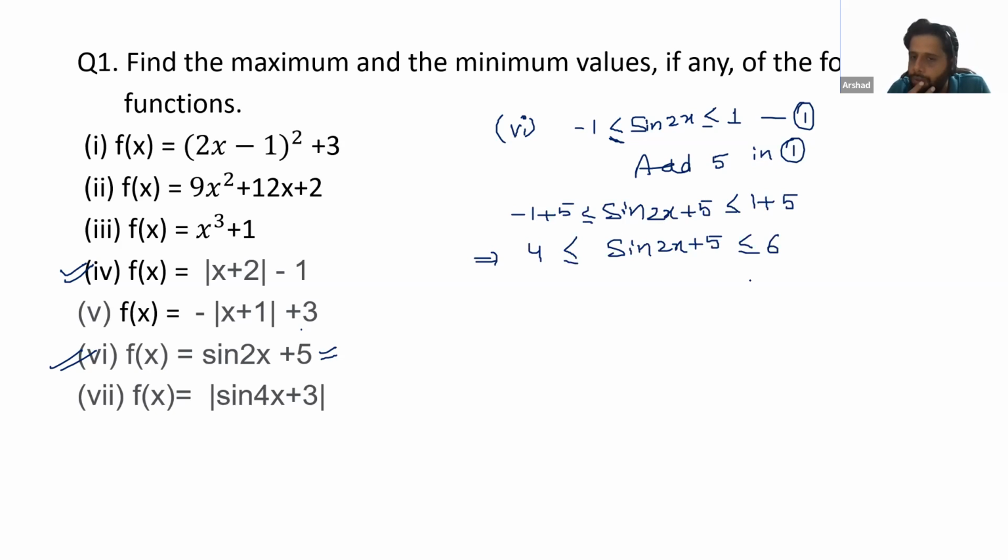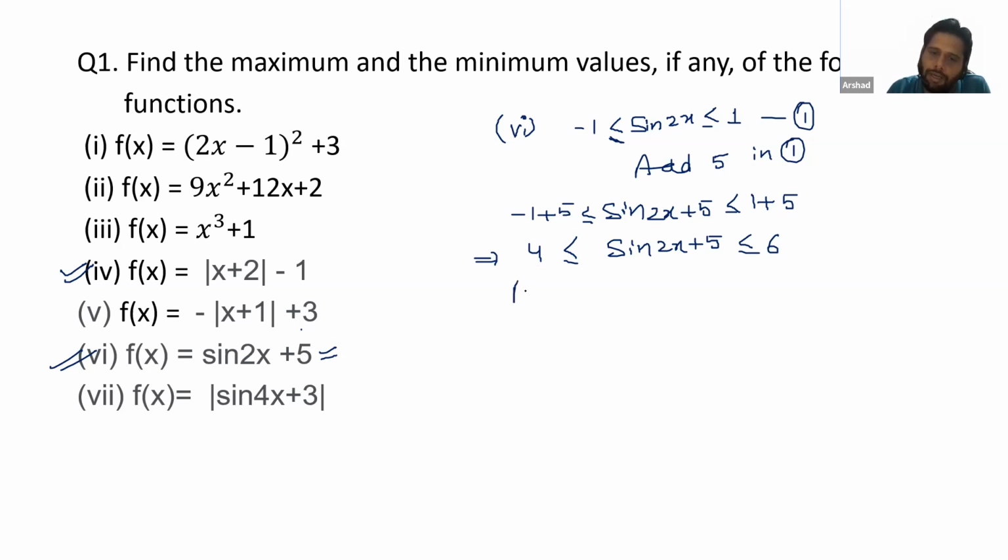So who can tell me what is the maximum and the minimum value of this function? Very good, 6 and 4. Very, very good. So the maximum is 6 and the minimum is 4.